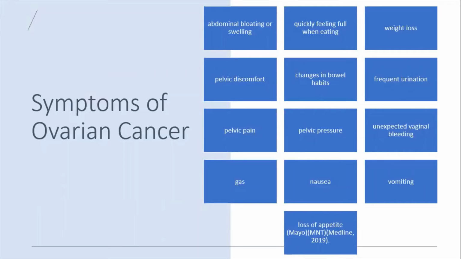Because these symptoms can be confused with other conditions, ovarian cancer is often misdiagnosed as premenstrual syndrome, irritable bowel syndrome, or a temporary bladder problem.